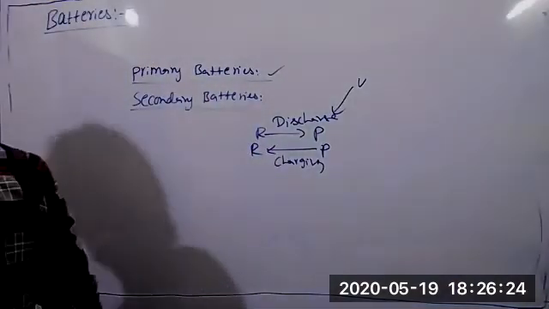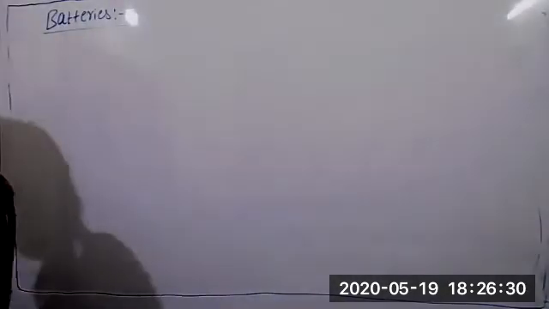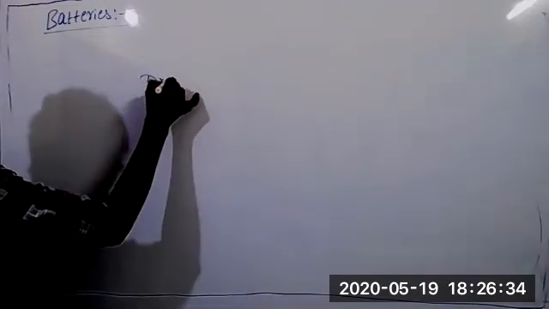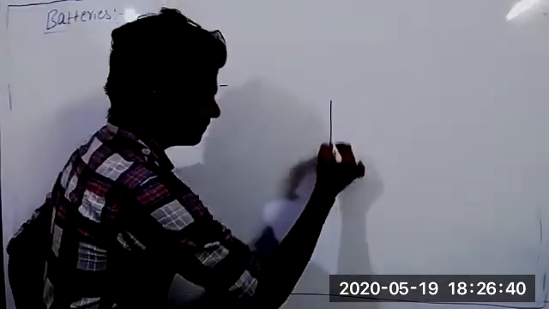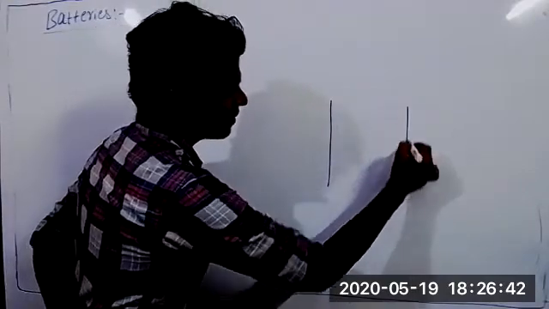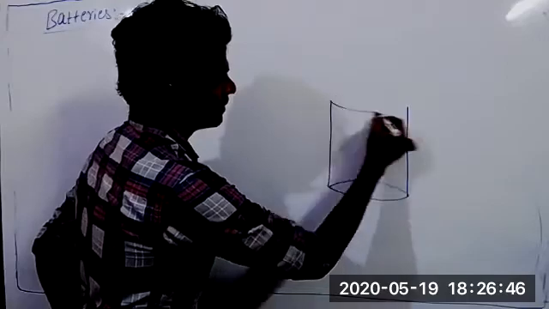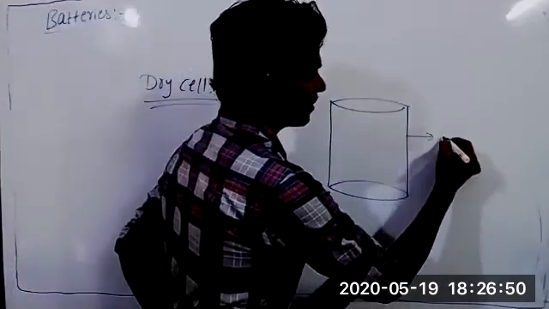First we see the primary battery. The best example is the dry cell. Don't write, just listen. In the dry cell, the container is made of zinc, and it acts as an anode.